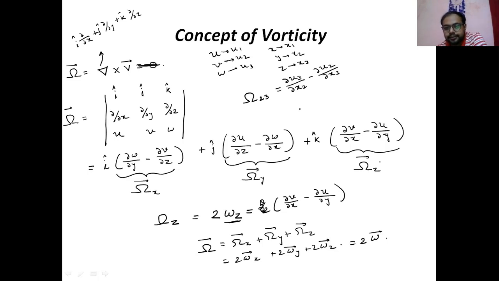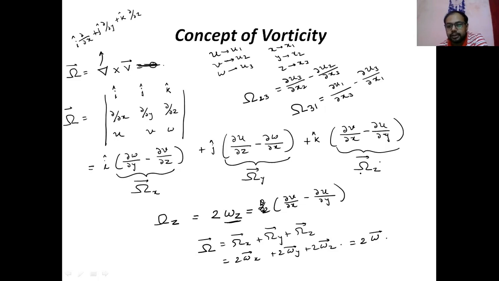So hence, in the same way, the vorticity vector for the y plane. Y plane means zx. So du1/dx3 minus du3/dx1.